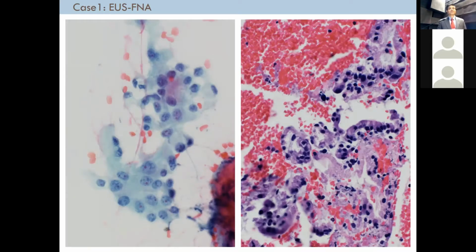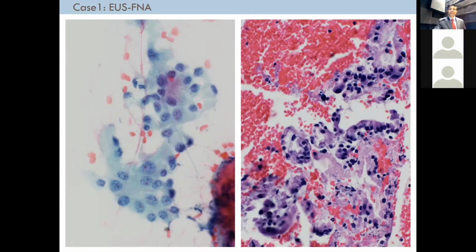The Pap stain smears actually were not that cellular, had few groups, and over here you can see one with very mild focal nuclear atypia. The cell block showed the presence of these epithelial strips and groups of cells, which look quite similar to what I showed you in the previous slide, the Diff-Quik stain slide.